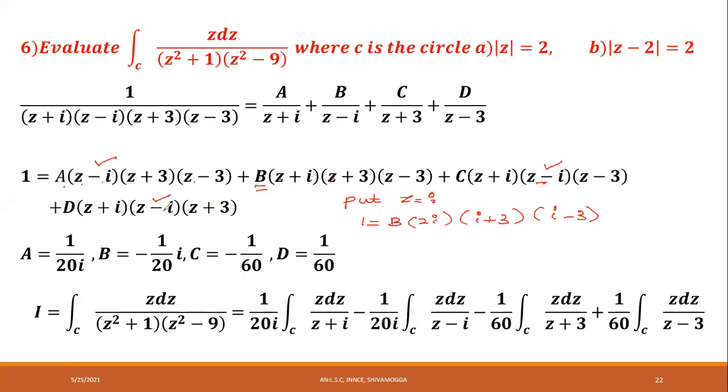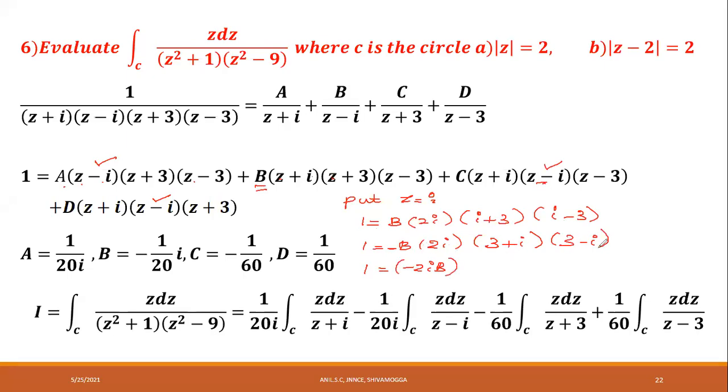Rest is very simple. 1 is equal to b into 2i into 3 plus i. Here you take a negative sign as common factor, minus. And this will be 3 minus i. Therefore, 1 is equal to minus 2i into b.